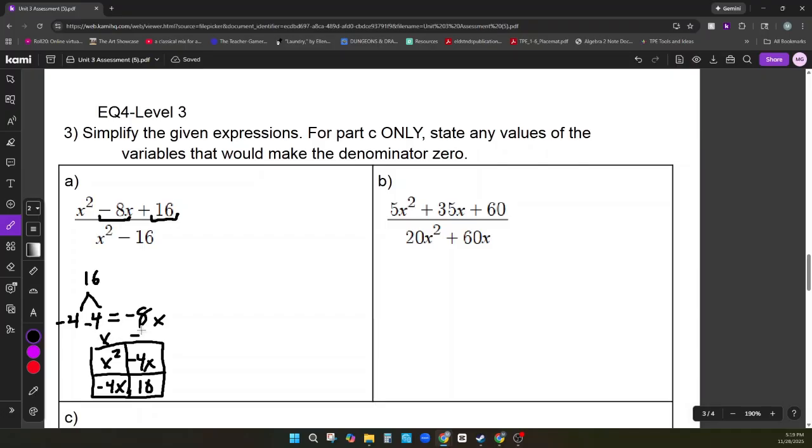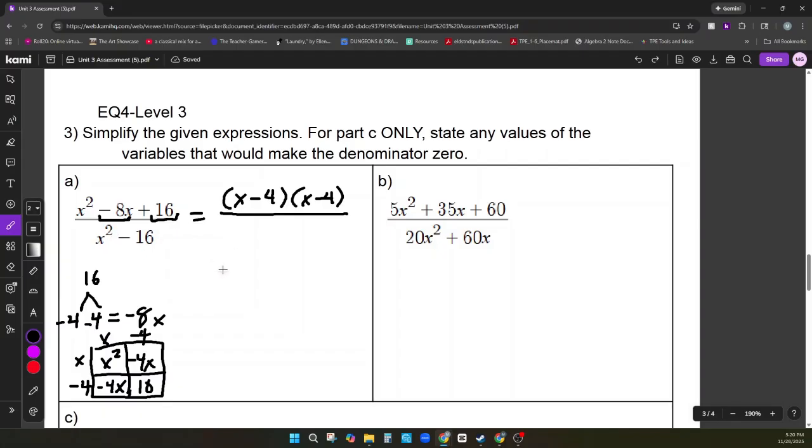This gives me x minus 4 and x minus 4. So this top part, this numerator, can be rewritten as x minus 4, x minus 4, or in other words, x minus 4 squared. But for right now, we'll leave them as two separate parentheses. Now, looking at my bottom, look at my denominator. You'll notice I don't have a middle term.